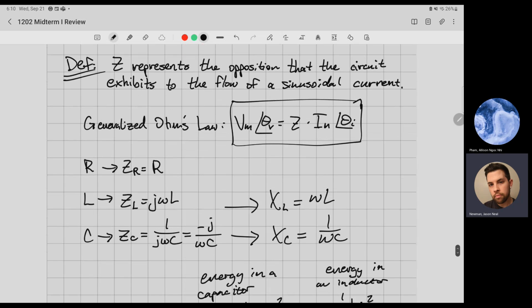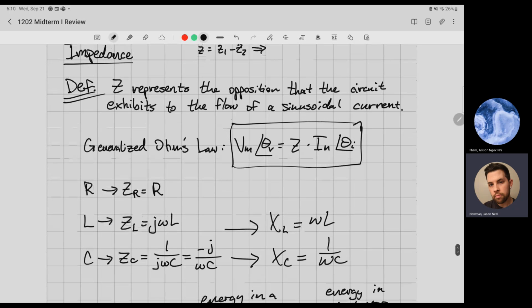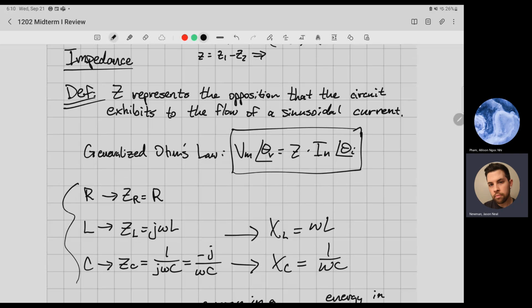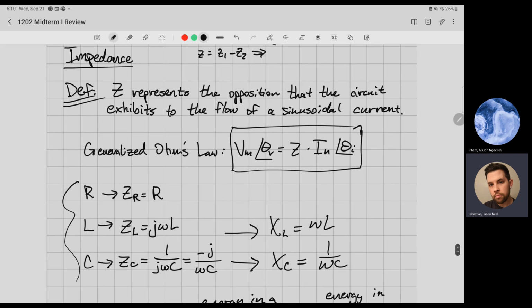Okay, so let's just wrap this up real quick. These are the primary equations you'll use for RLC circuits in this class. This is saying that the impedance of the resistor is just equivalent to R. The reason is that R is a real component, and it doesn't have any reactive pieces to it.